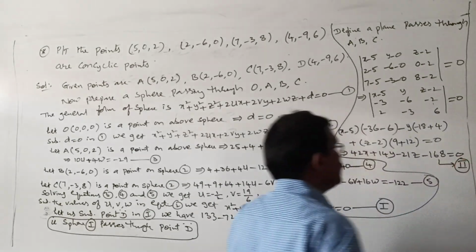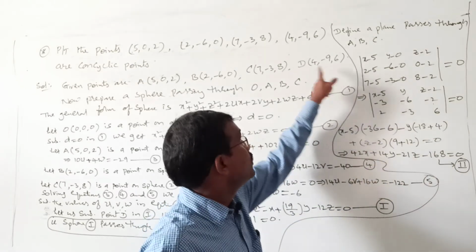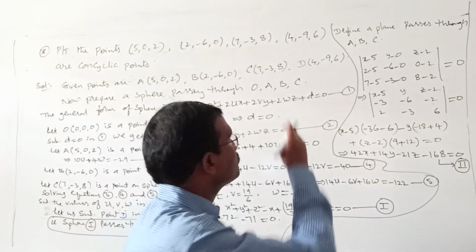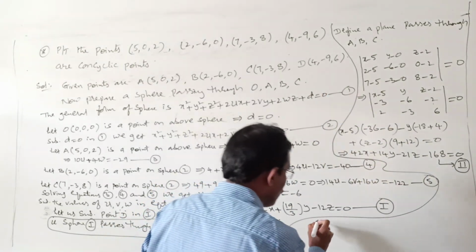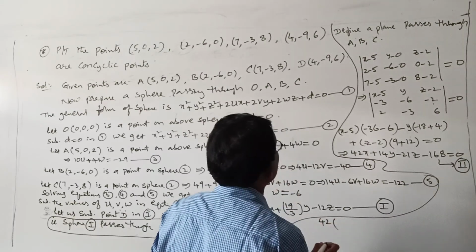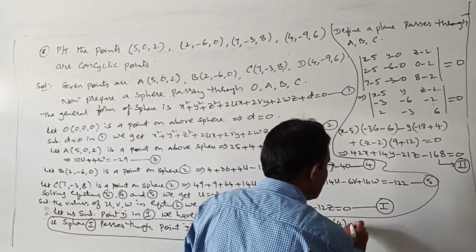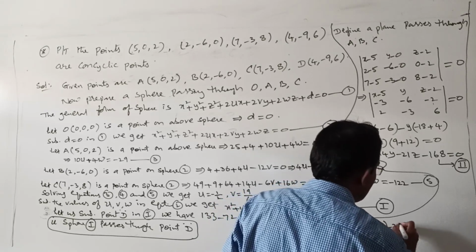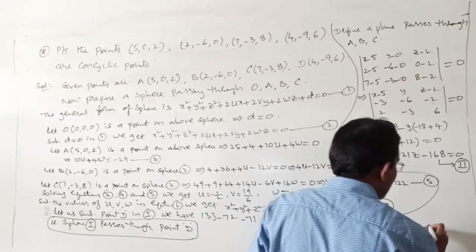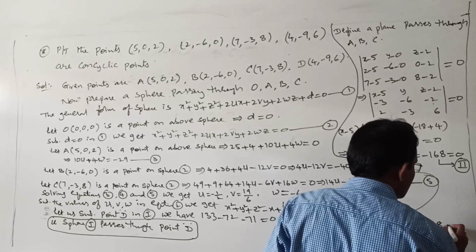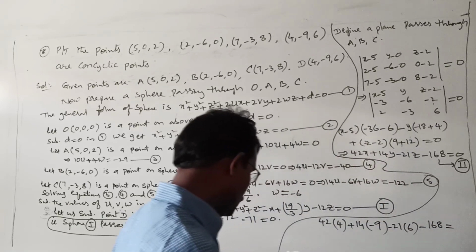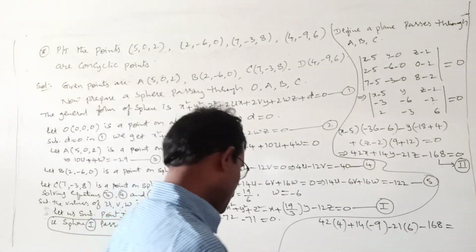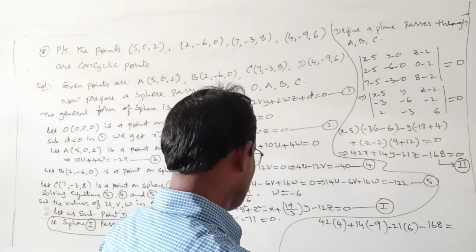Now let us verify whether this passes through point D or not. For that, substitute your D point: 42 into 4 plus 14 into minus 9 minus 21 into 6 minus 168. How much is it?